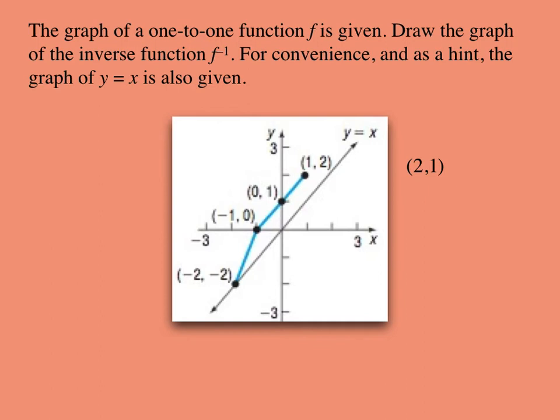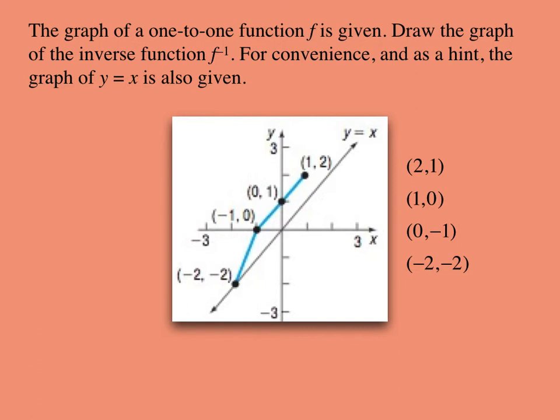And then I have (1, 0), which will also be on my inverse function. Now my next point, (-1, 0), I'll switch the input and output. And that last point, (-2, -2), when I switch the input and output, it's the same point, right?